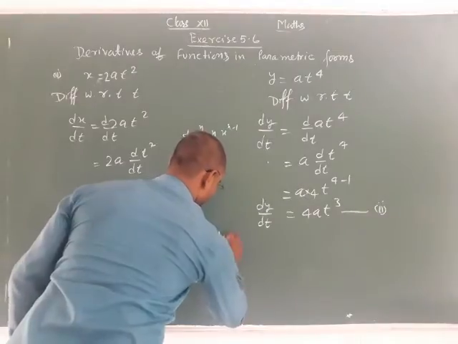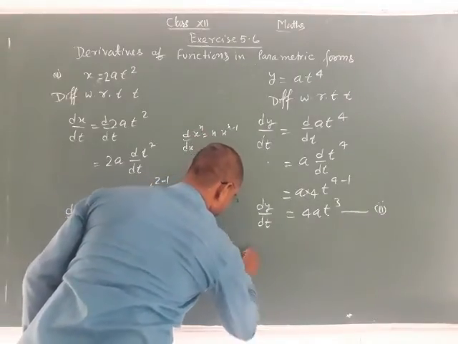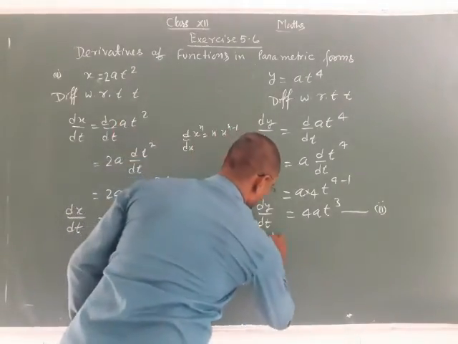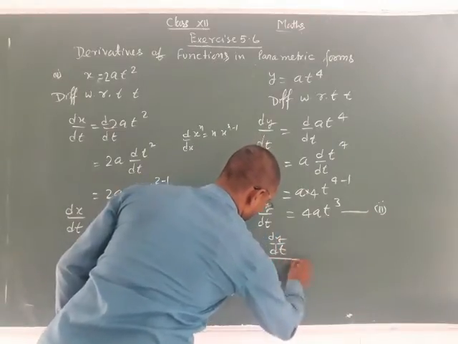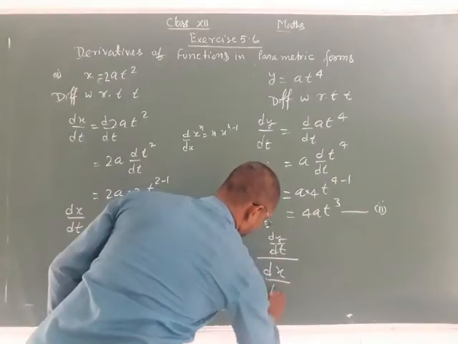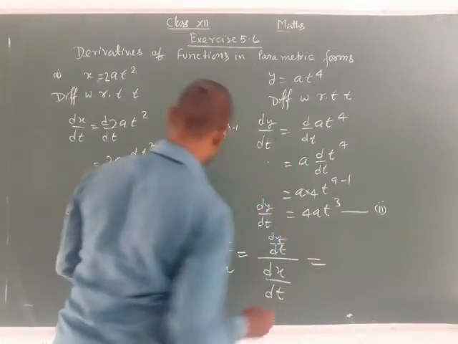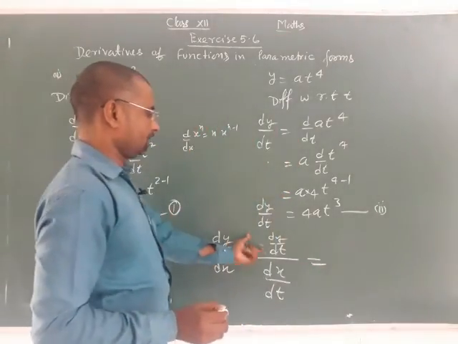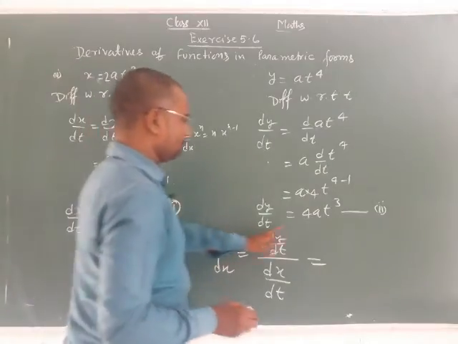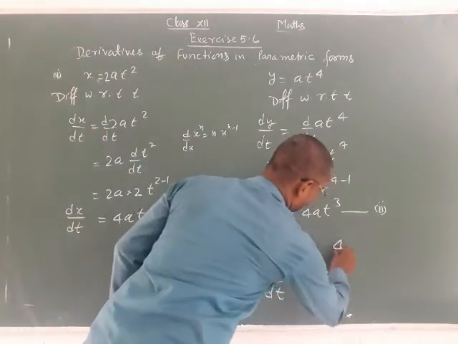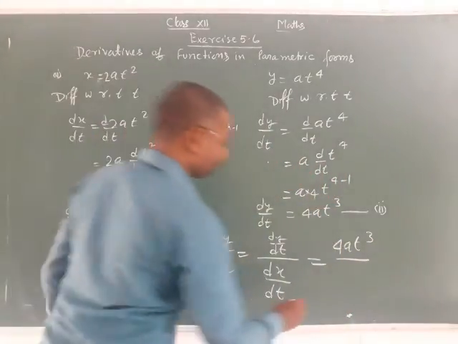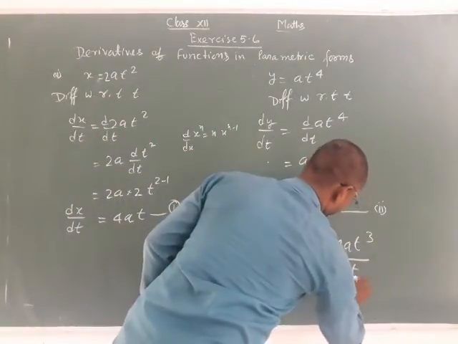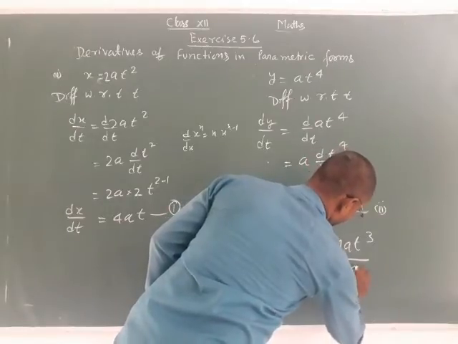Now dy upon dx is equal to dy upon dt divided by dx upon dt. Put these values here: dy upon dt is 4at to the power 3, divided by 4at.